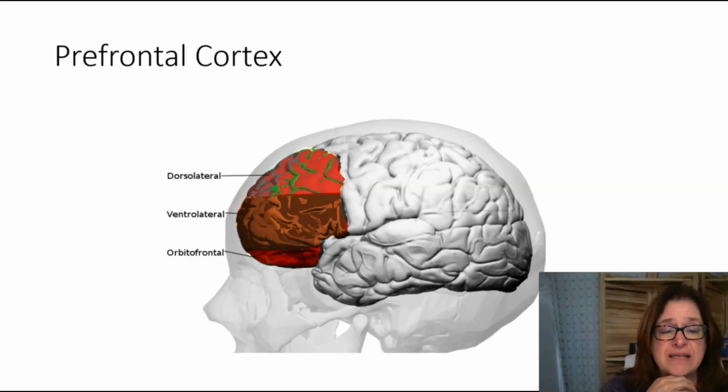In OCD, we sometimes see the dorsolateral prefrontal cortex play a role in strengthening those attention skills to the point where they're unable to change to something else, where it becomes an obsessive thought.